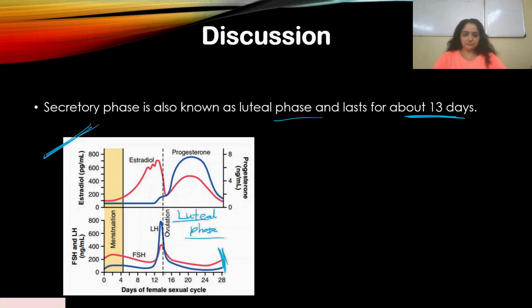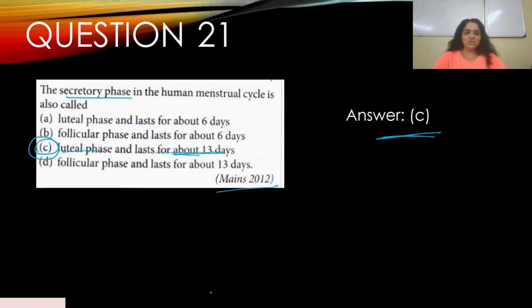Let's say this is the 14th day, and this is the 28th day where menstruation begins. The next menstrual cycle will begin after this. So this will last about 13 to 14 days. So this is the answer to your question. Luteal phase will last for about 13 days. Okay, clear?